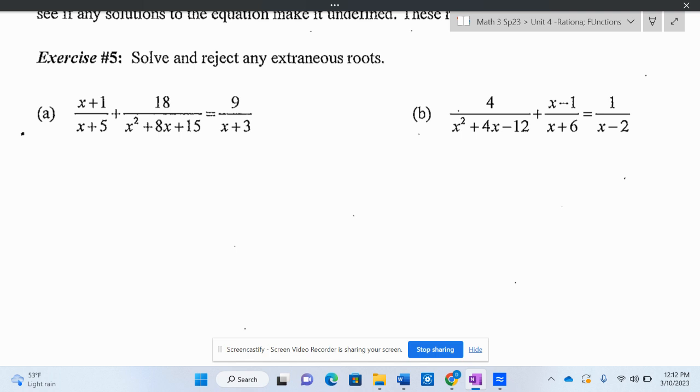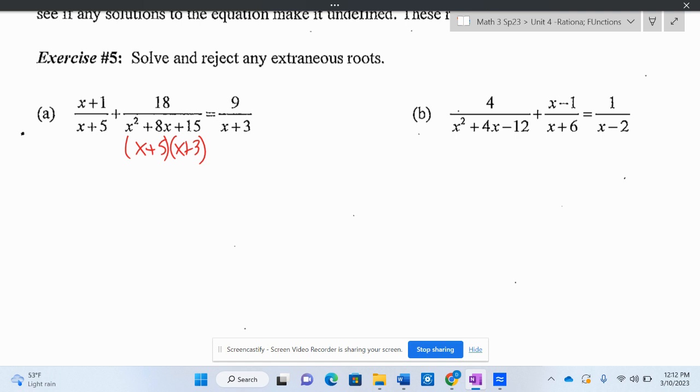So let's see, how could I factor that middle term, x squared plus 8x plus 15? Okay, so this becomes x plus 5 times x plus 3. So could we use the factors x plus 5 times x plus 3 as our greatest common factor to multiply both sides by?